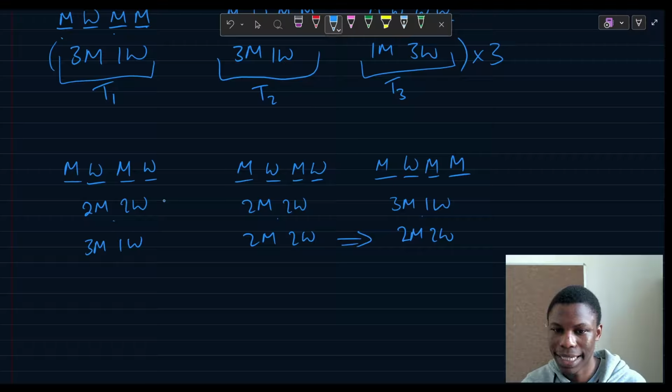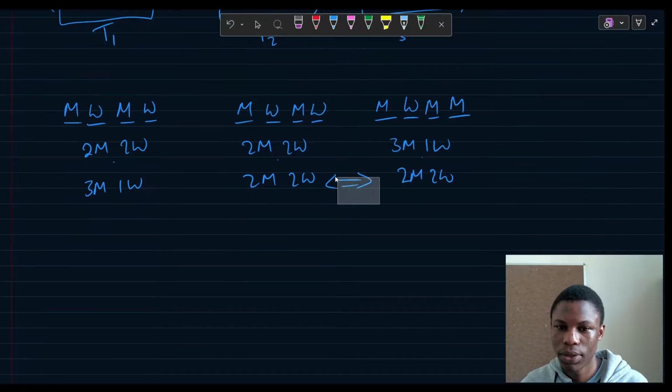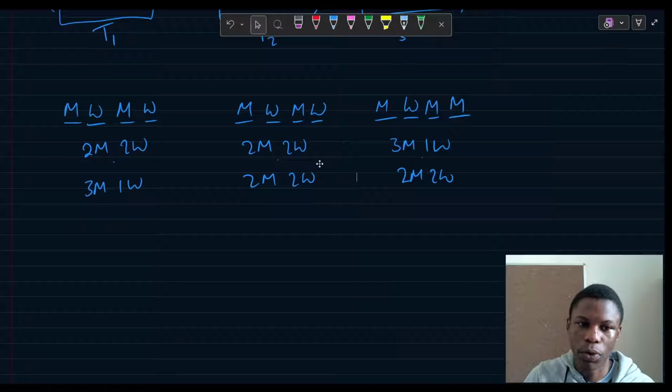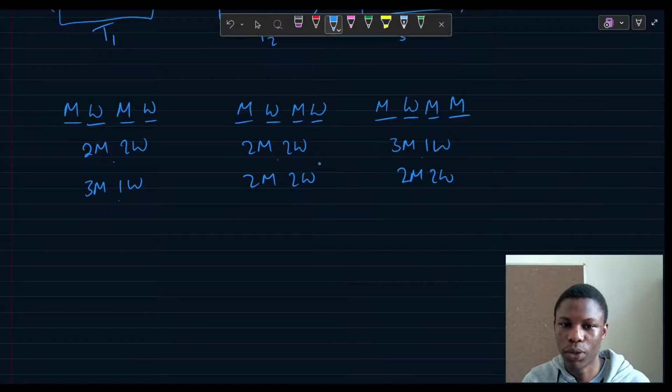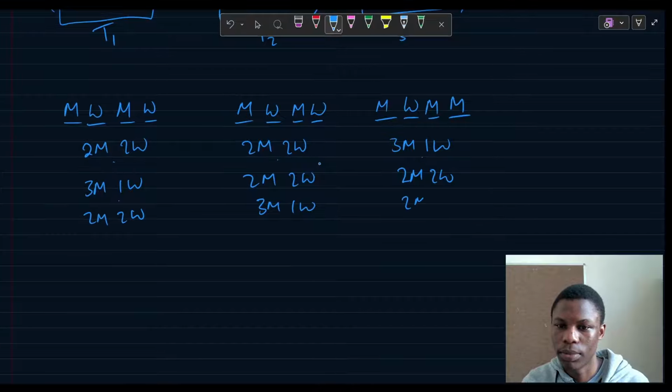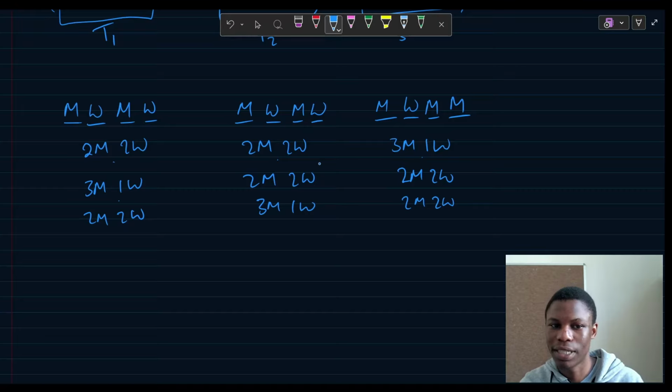Again, these would be exactly the same thing, 2 men, 2 women. It's the same ratio of men and women, because that's what we're interested in here, right? So that would be the same, or I can just move this 3 men, 1 woman group to the middle. And then I have 2 men, 2 women, 2 men, 2 women. And so these are the 3 different scenarios that come up here.